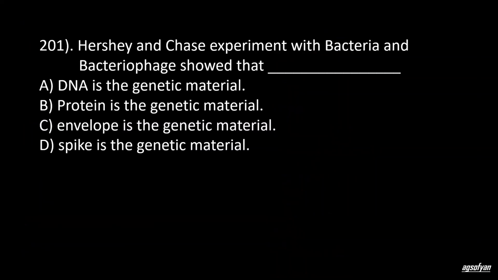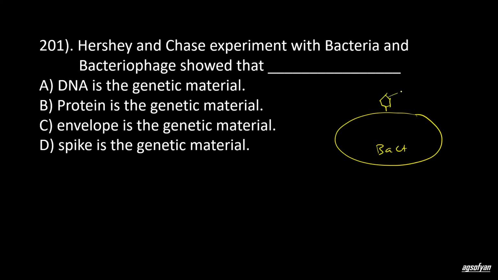Okay, next. Hershey and Chase experiment with bacteria and bacteriophage showed that DNA is genetic material, protein is genetic material, envelope is genetic material, or spike is genetic material. So the experiment with bacteria and virus called the bacteriophage.